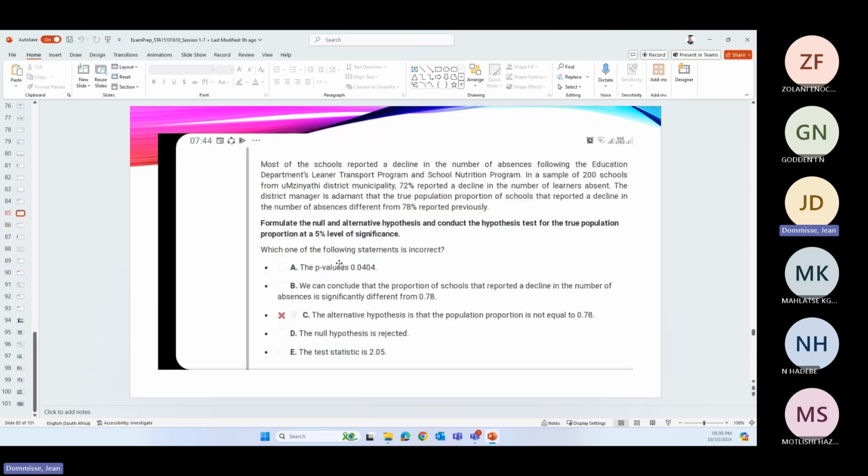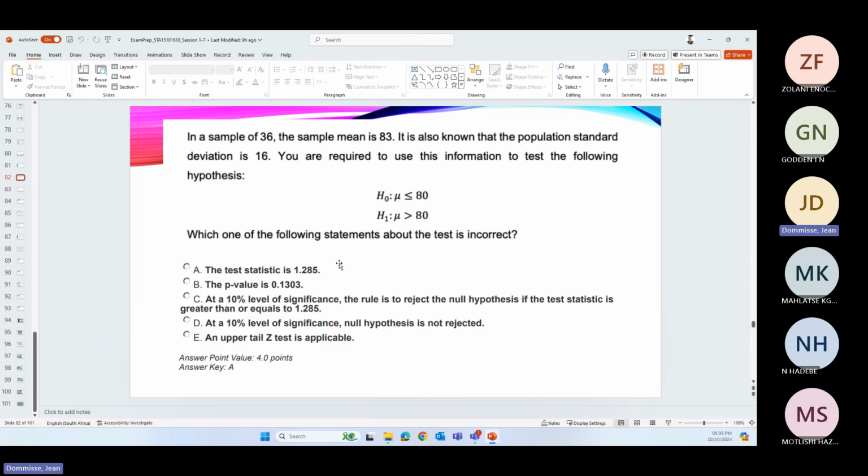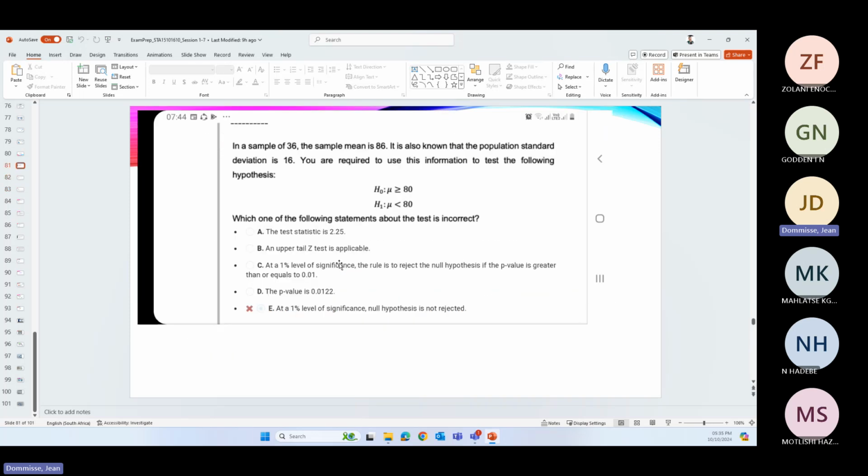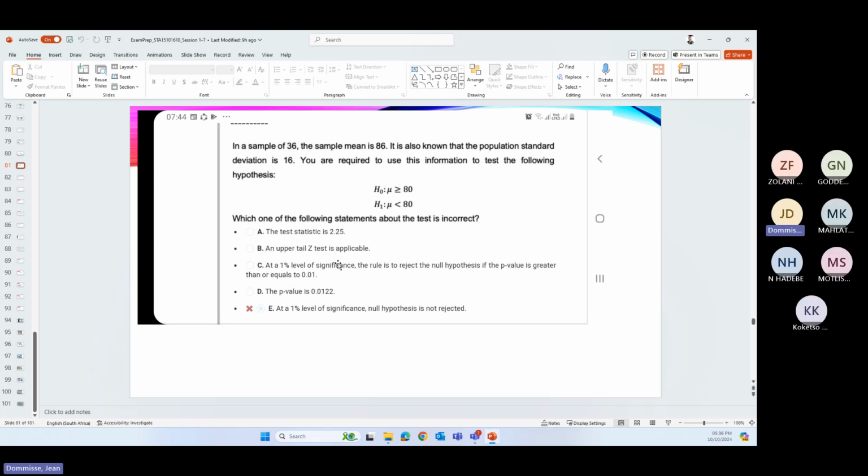So it seems to me that in the last 2 or 3 years there have been quite a number of questions that they've reused. So it will be of benefit, and that's why I'm just going through examples and examples.